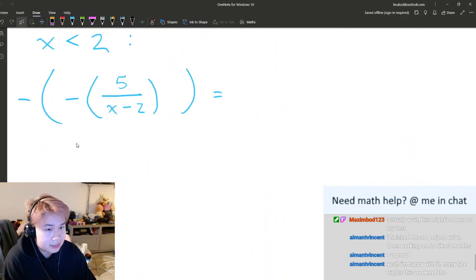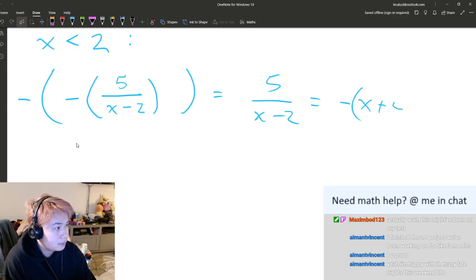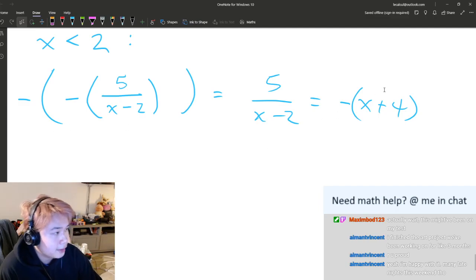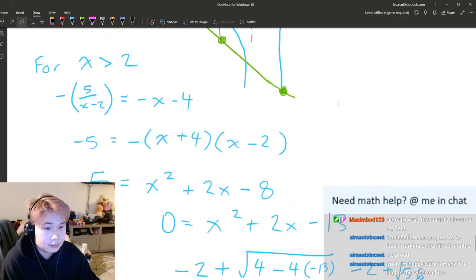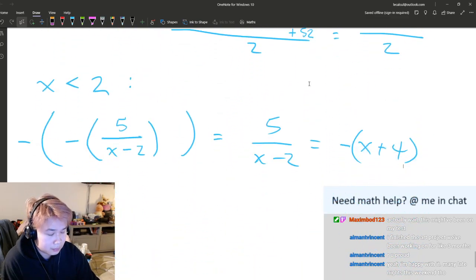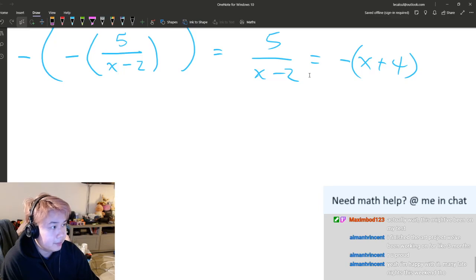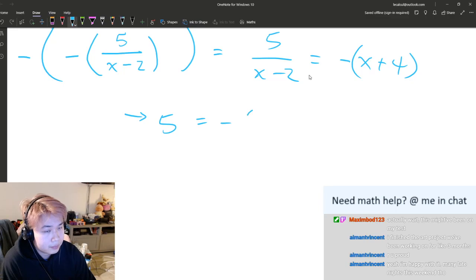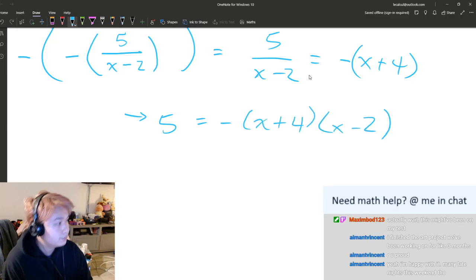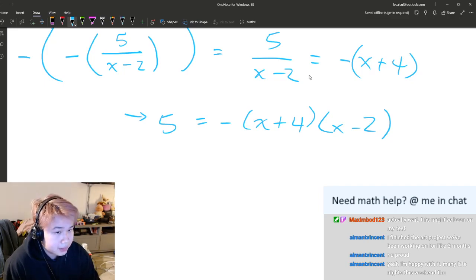So of course those two negatives will cancel out, and then you get this, and we equate this to the other function. And I'm going to skip a step and already factor out the negative. And then very similarly, I have this.